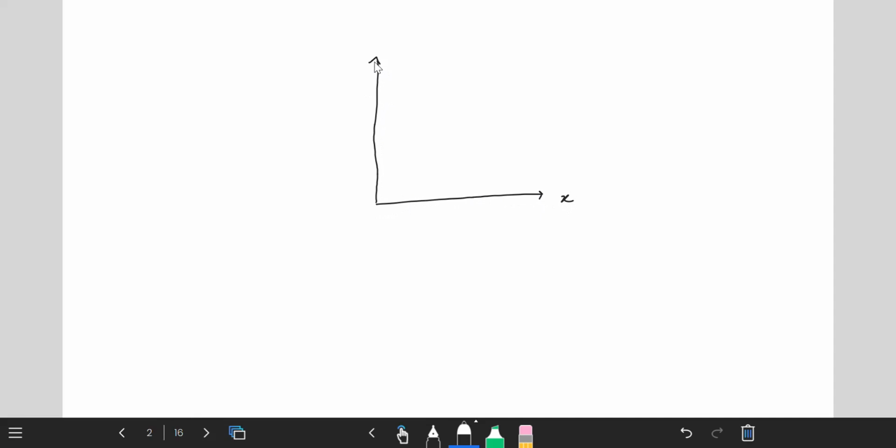This is the x-axis, this is the y-axis. This is time, and we plot on the y-axis bacterial density.